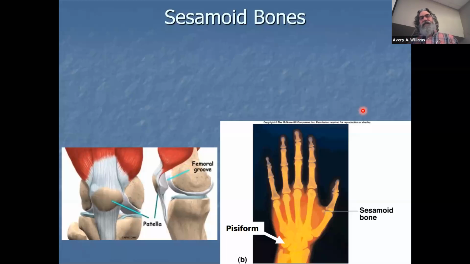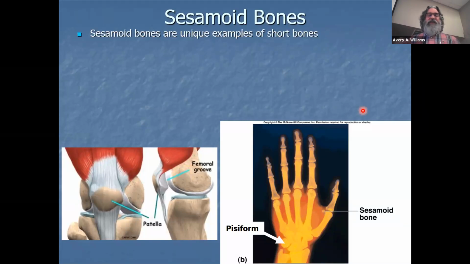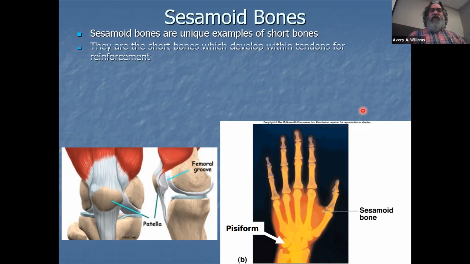Most often it's not. Now there is a class of bone like that called sesamoid bones, and sesamoid bones, I tell you, are a unique example of short bones because they usually occur from their own ossification center, and they're kind of cube shape. Basically, they're not long, they're not flat. They're just kind of like a hunk of bone that develops somewhere. They are the short bones that develop within tendons for reinforcement.